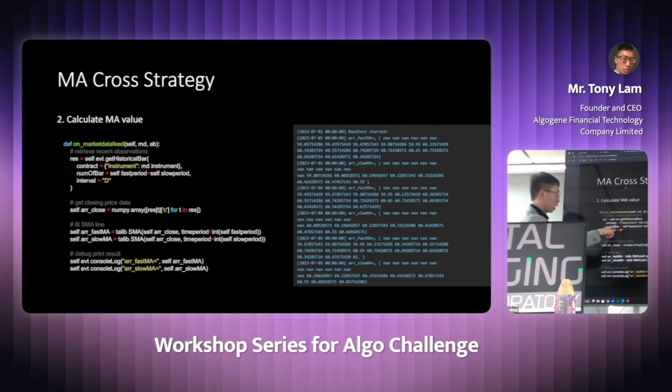Here we set the number of observations to be the fast period plus the slow period, just to ensure that we have sufficient observations to calculate the fast MA and also the slow MA. This will be based on the TA-Lib library and the SMA function to calculate the simple moving average.